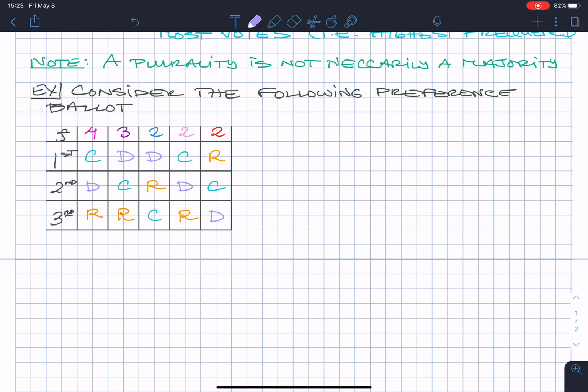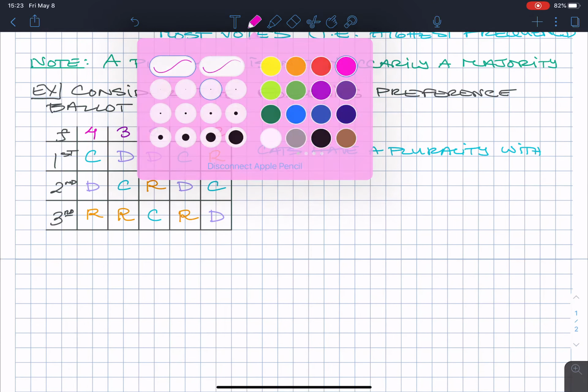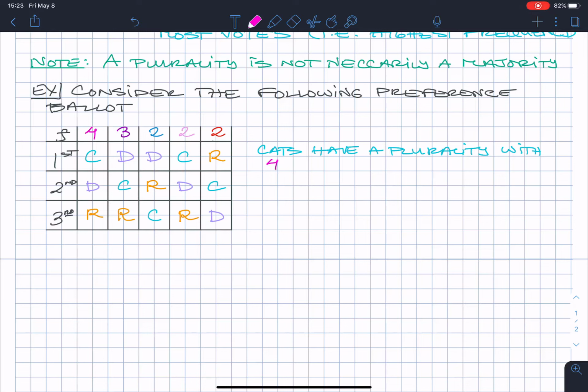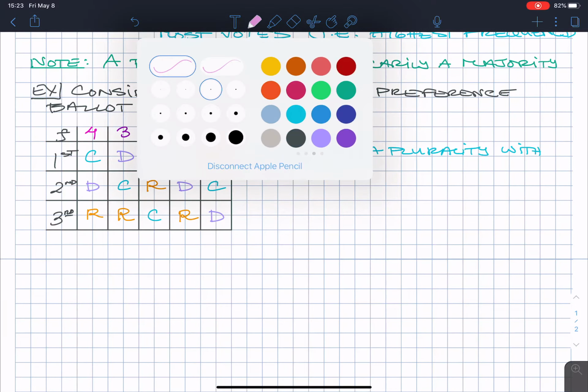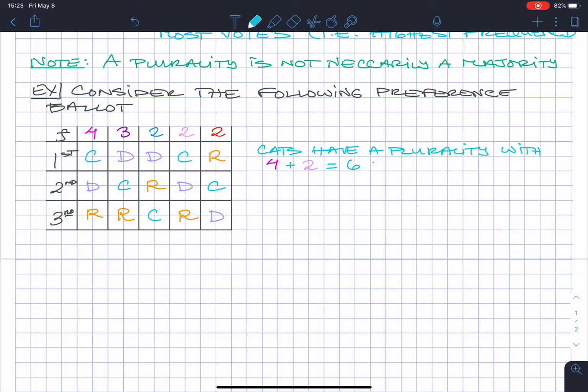Okay. So who has a plurality? Well, it looks like cats have a plurality. Because if I look at the number one votes, there's 4 plus 2 equals 6 votes, or actually number one votes.